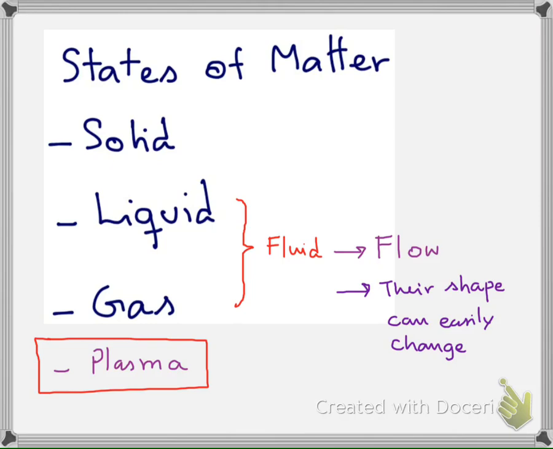When an object is in the solid phase, it's hard. If it is a rigid body, it's hard to change its shape. If it's soft matter, we may be able to change the shape, but compared with liquid and gas, we can very easily change the shape of liquid and gas.